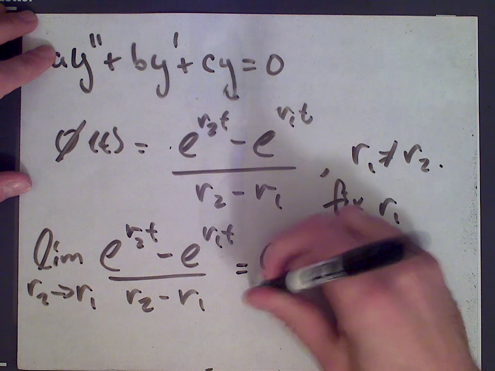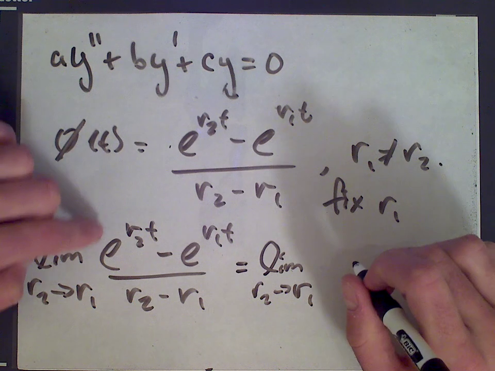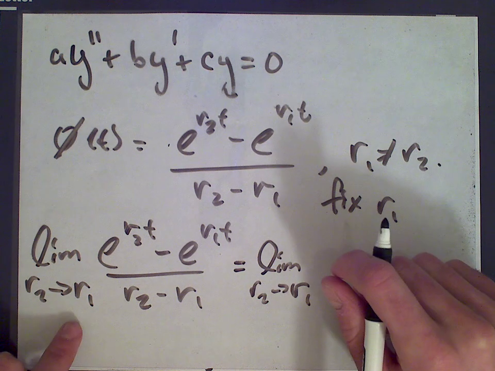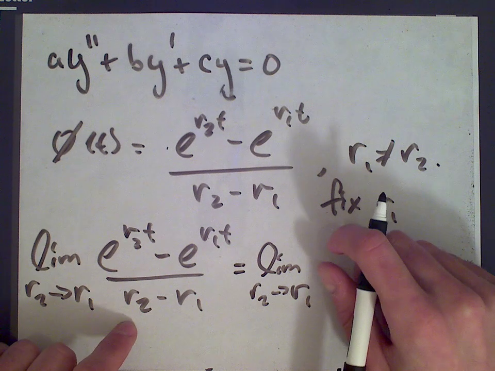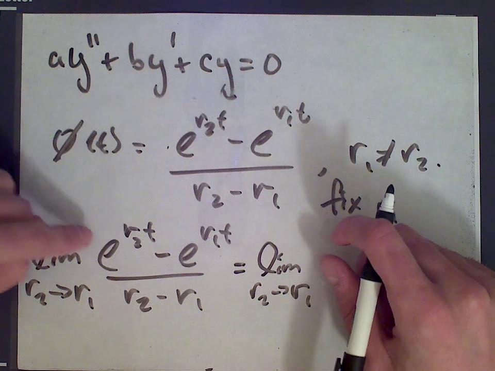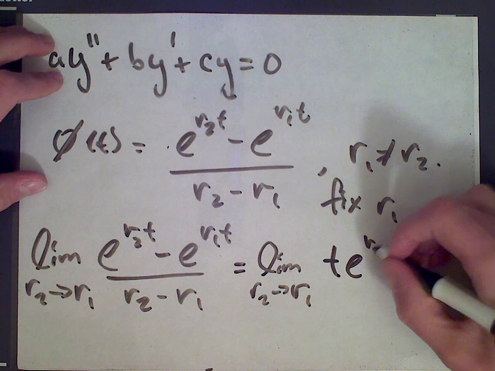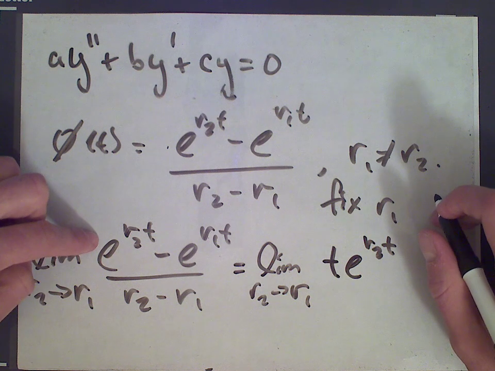So this is the limit as r2 approaches r1 of the derivative of the top with respect to r2, because that's the variable that's changing in the limit, divided by the derivative of the bottom with respect to r2. So the derivative of the top with respect to r2 is going to be t times e to the r2t. That's the derivative of this factor here with respect to r2.